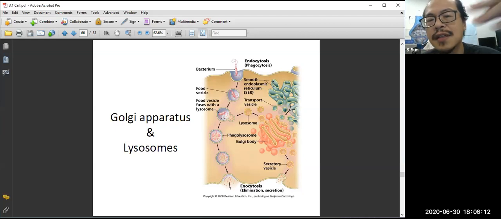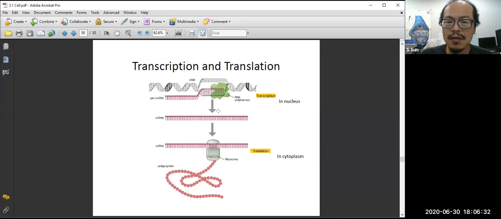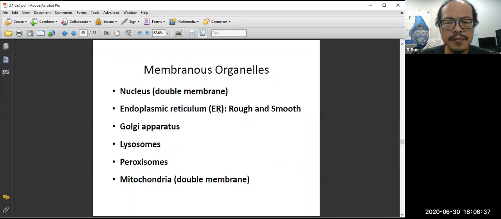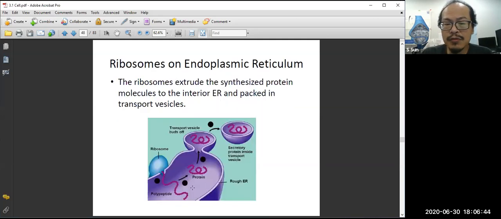So that's basically the major job that your cells are doing every day. Your DNA will be transcribed into the RNA. RNA will be translated to the protein through the ribosome. If this ribosome is free, then it will release that protein in the intracellular space. If it's a fixed ribosome, then the protein will be packed in the vesicles.